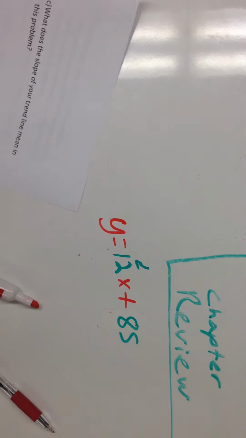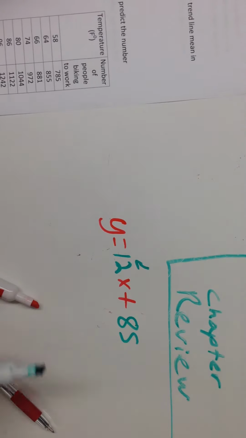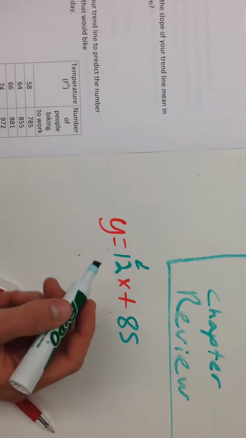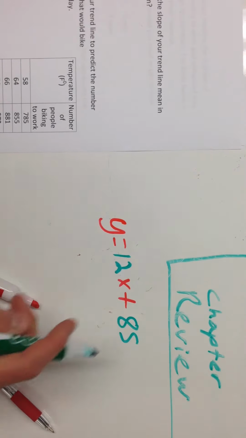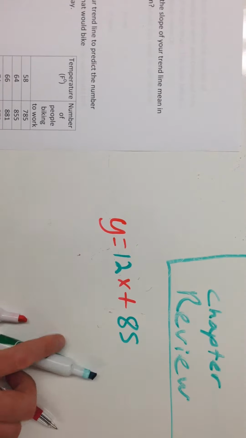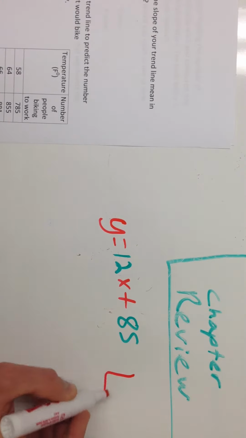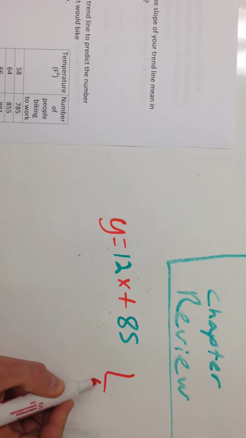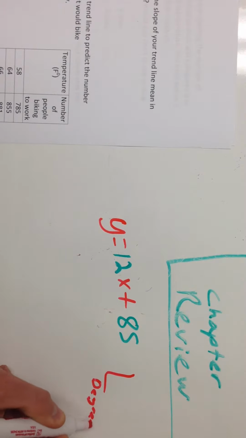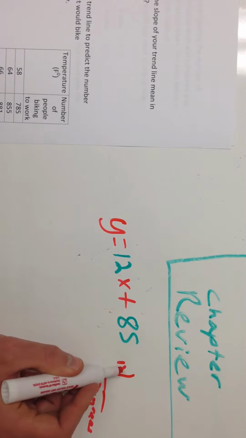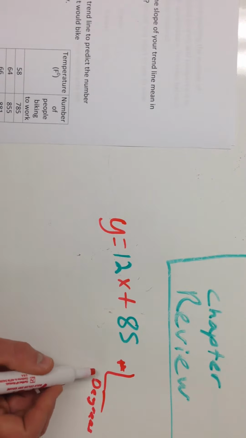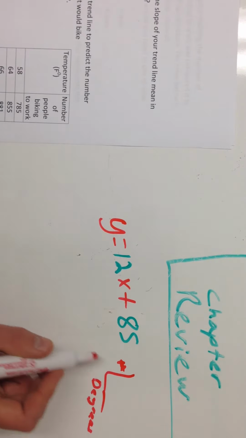We're going to use our trend line to predict how many people would bike on a 100-degree day. So we got to think, was y our number of degrees or was x? In this problem, if you remember our graph, degrees were our x value, the number of bikers was our y value.